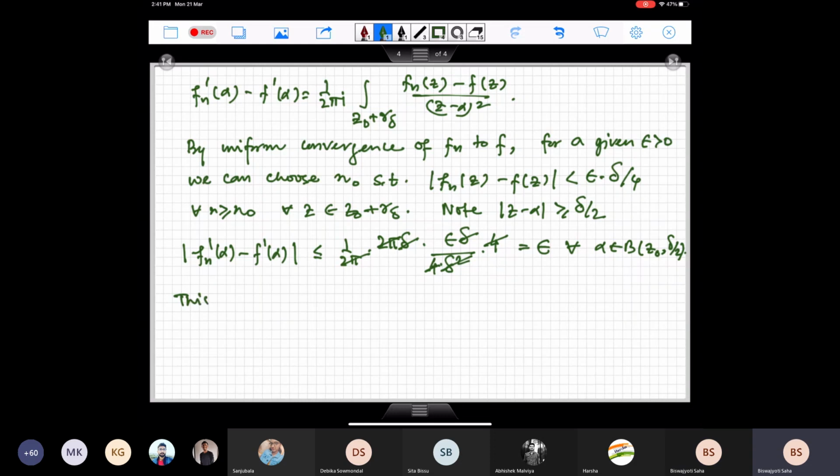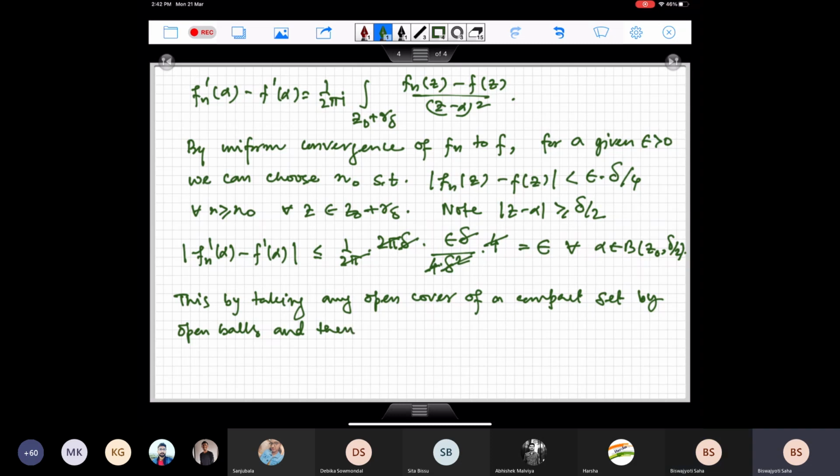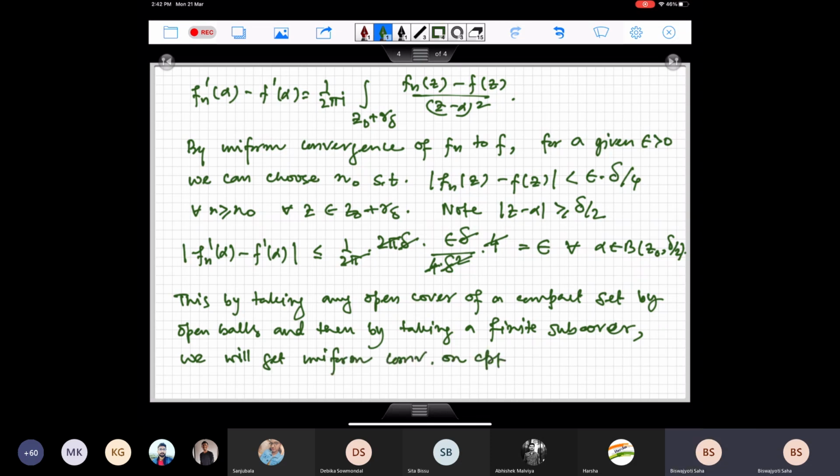So this is by taking any open cover of a compact set by open balls, and then by taking a finite subcover, we will get uniform convergence on compact subsets.